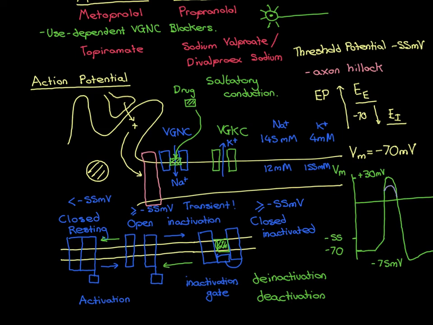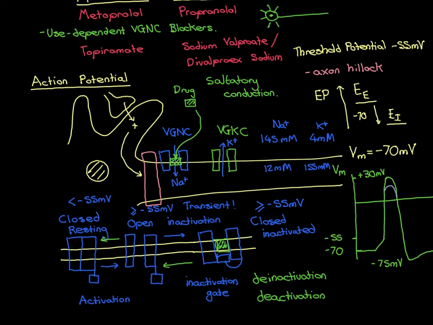If you gave a drug that was enough to reduce the upstroke significantly enough to stop the action potential from firing, that would of course stop all neurons from firing action potentials, and therefore it would kill you. And that is not what these drugs do.